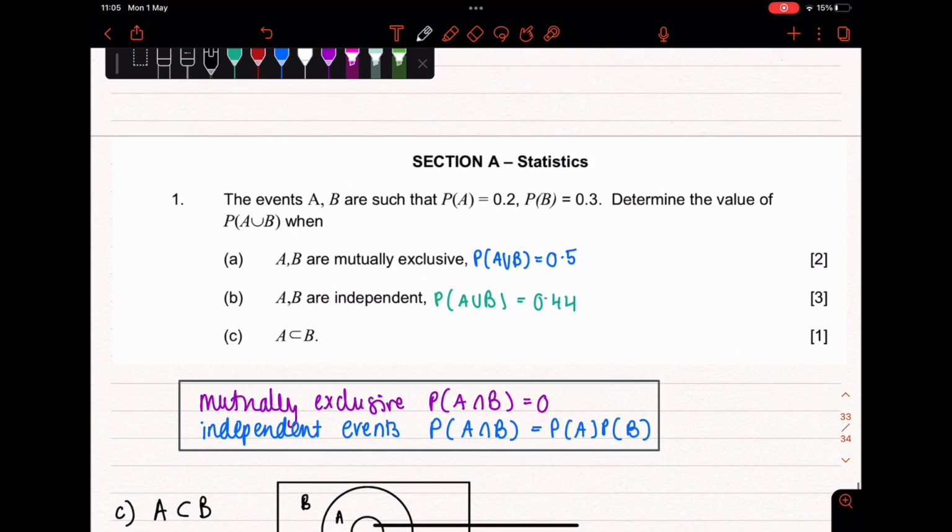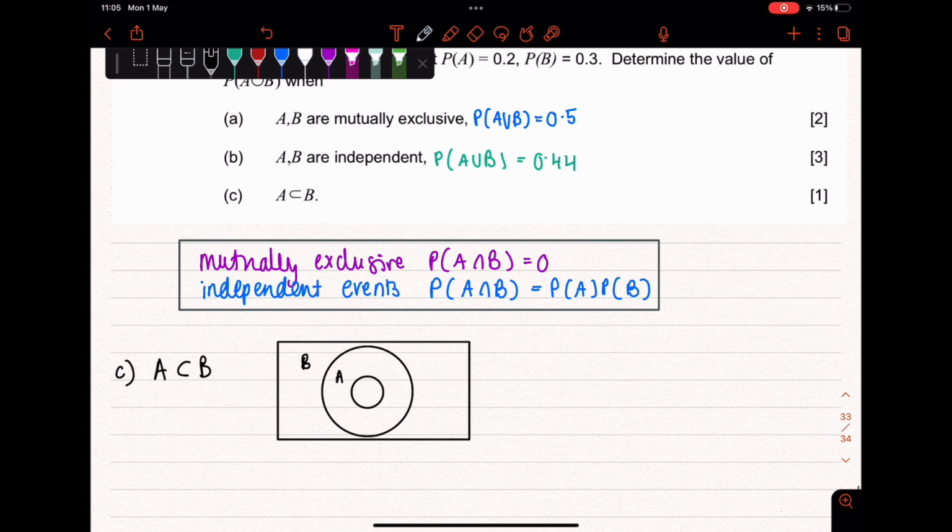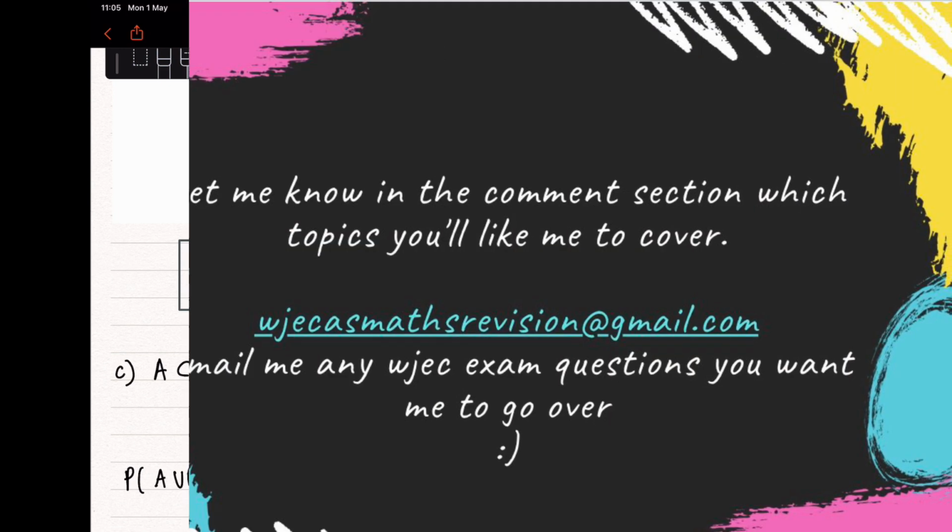So now if we were to find A union B, we would say this is equal to the probability of B. This is because everything in A is within B, so the probability is equal to 0.3.